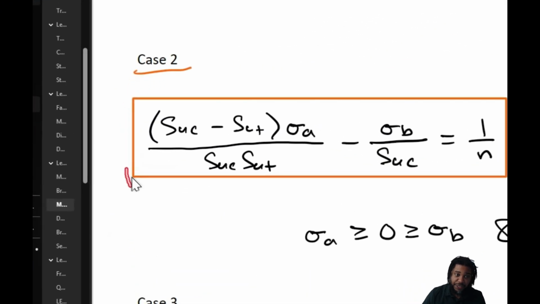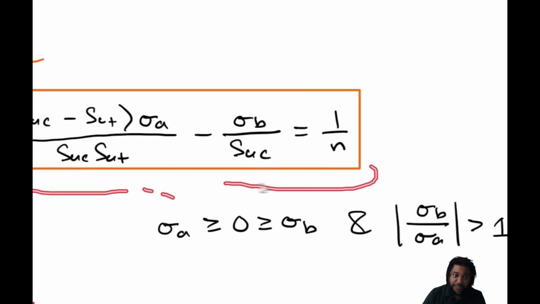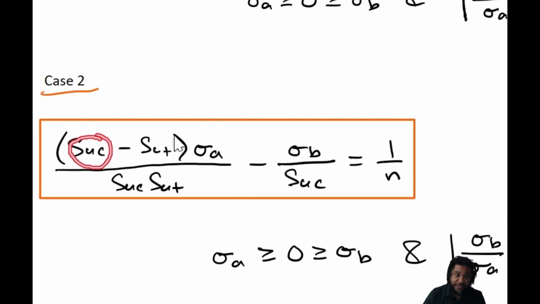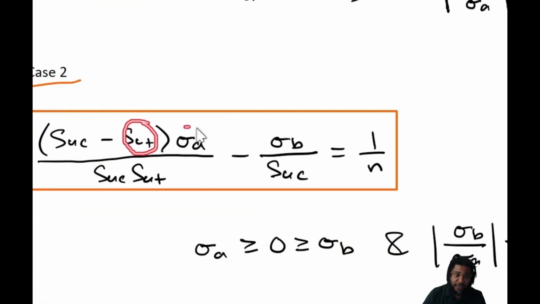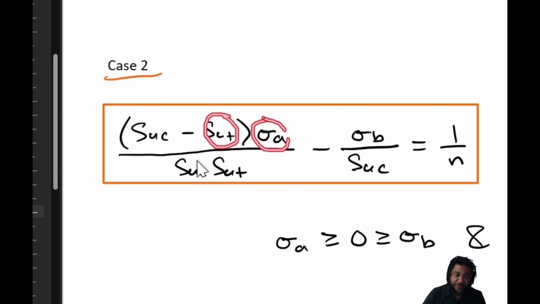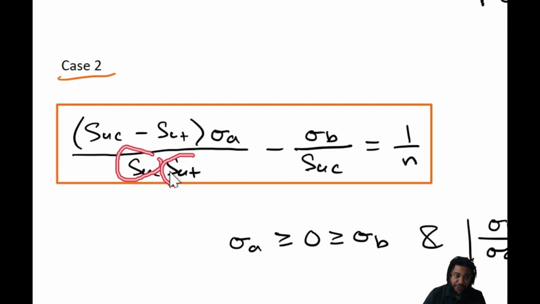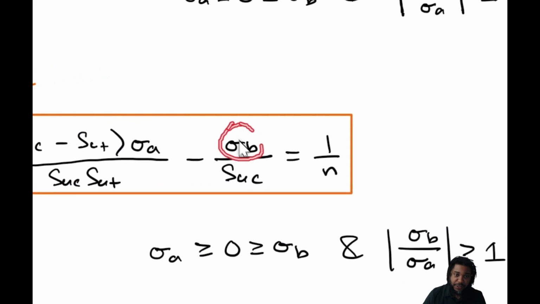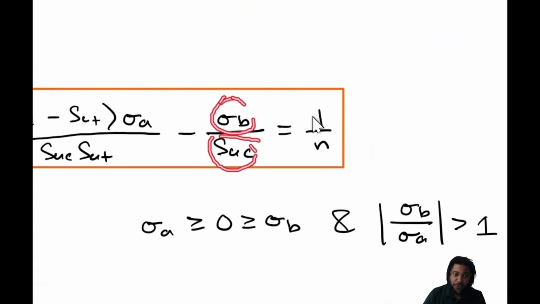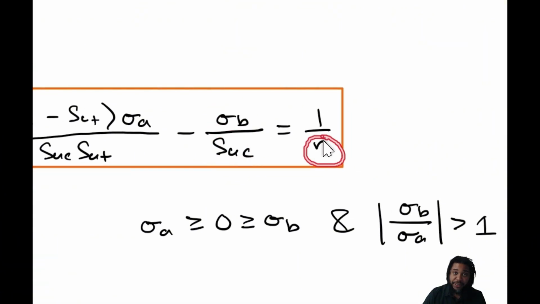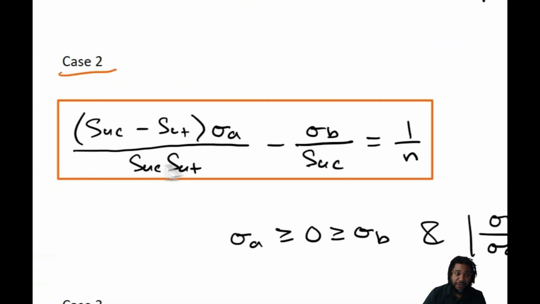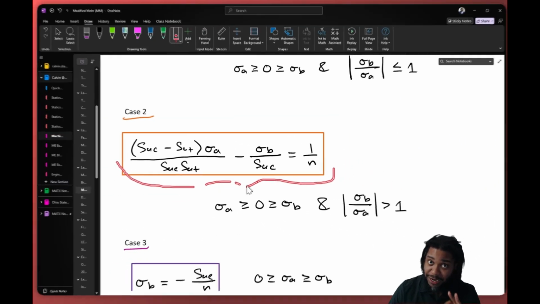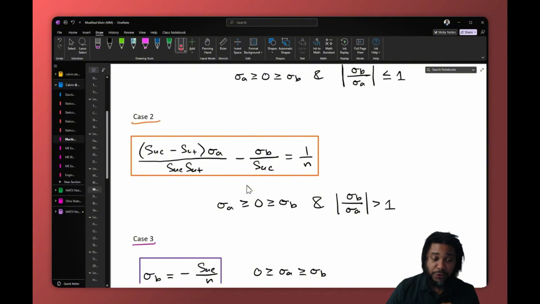In that case, we get a mixed linear equation where we have our compressive minus our tensile strength times sigma A divided by the compressive times the tensile, minus sigma B over the compressive, is equal to 1 over N, where N is our design safety factor. Now, this equation here is an adjustment of that fourth quadrant in brittle Coulomb-Mohr.